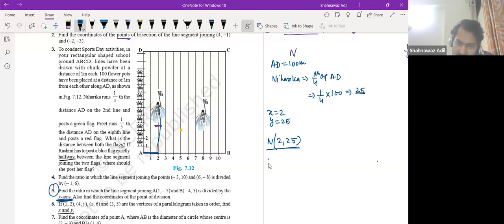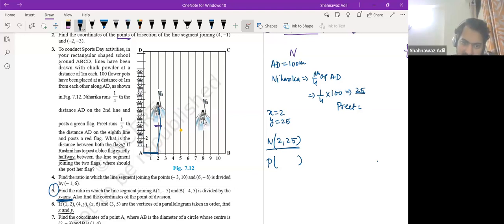What would be the coordinate points of Preet? (8, 20), right?